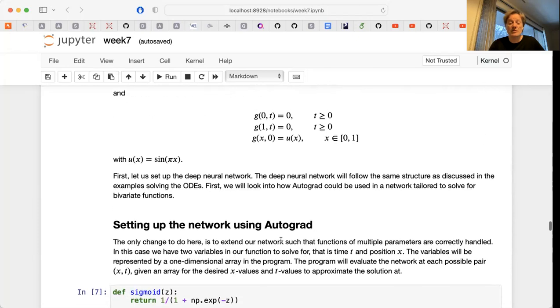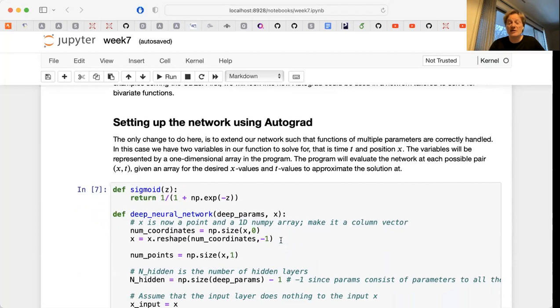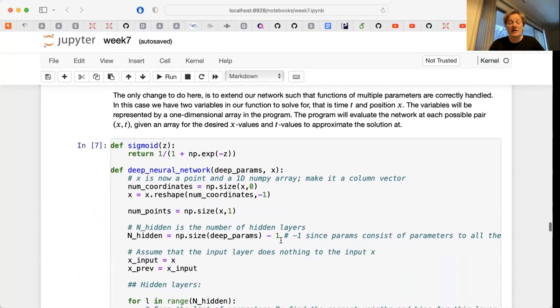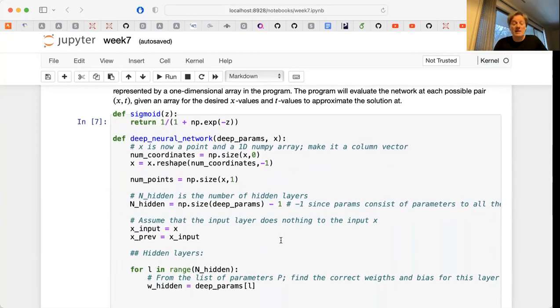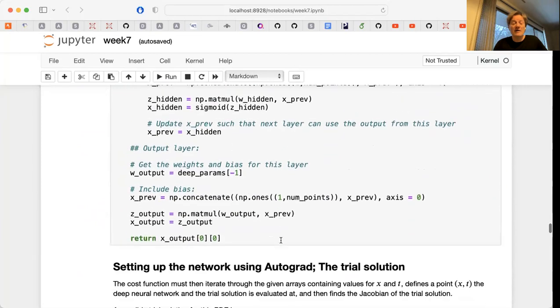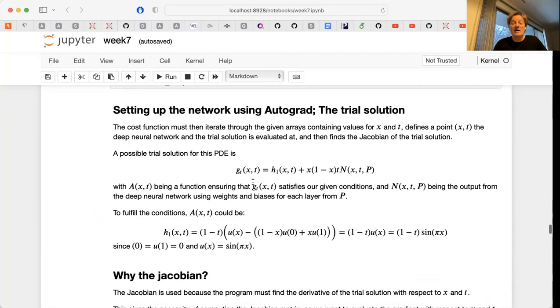These are the same things which we went through. The code example here sets up the neural network using autograd for taking the derivatives. So this is very similar to what we discussed before. And after you set up the network and the basic parameters, you would have some kind of a trial wave function.